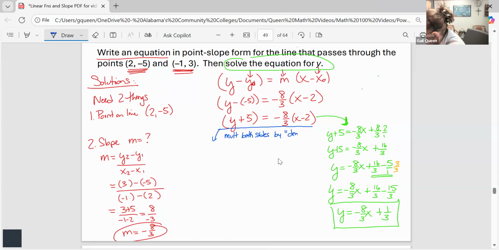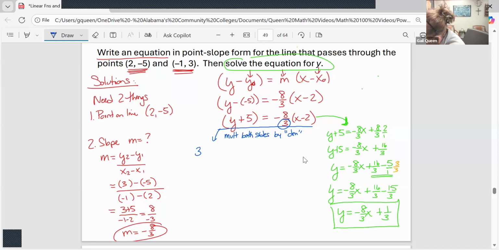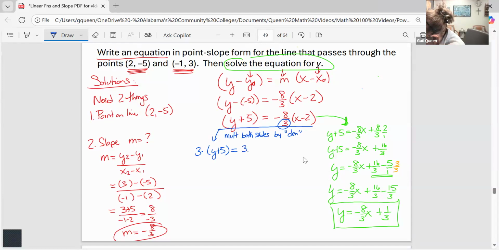If you look at our problem here, the only denominator is 3. So I'm going to multiply the left side of my equation by 3, and I'm going to multiply the right side of my equation by 3. And the 3 over here on the right is going to cancel and go away. We just multiplied both sides by the only denominator.